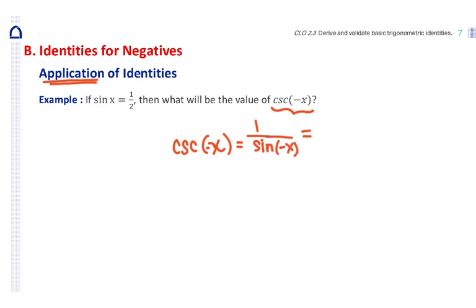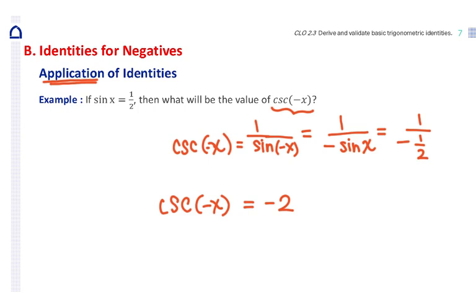And remember, sine is an odd function, which means that's exactly equivalent to negative the sine of x. Well, we know what the sine of x is, so it's going to be 1 over negative 1/2. If you want to simplify that, that equals negative 2. So we can say the cosecant of negative x in this particular case equals negative 2.